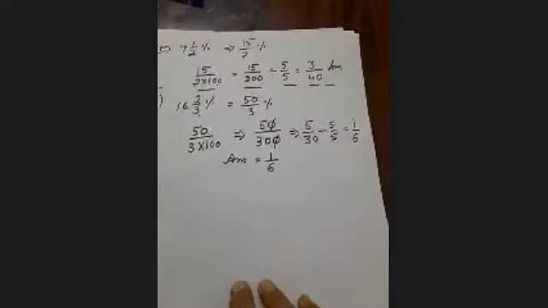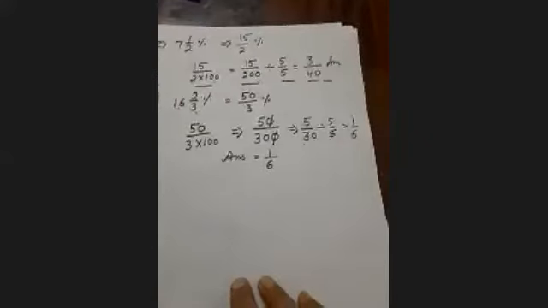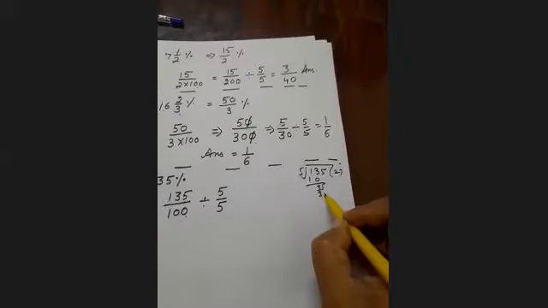Next, we'll discuss part I. 135%. 135 and 100 both are multiples of 5.